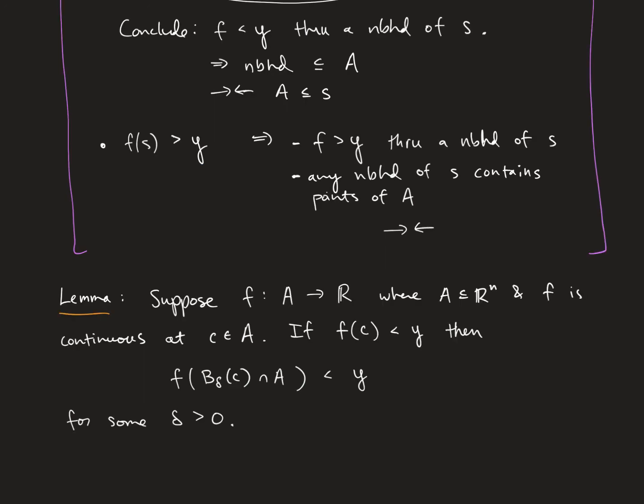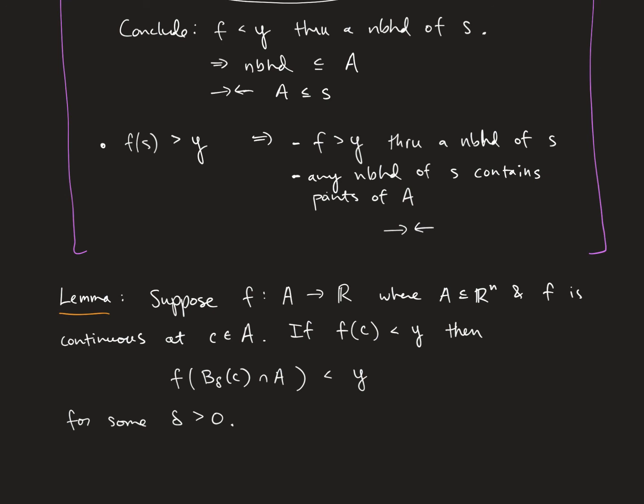Here's the lemma formally stated. If you have a function from some set A in R^n to R, and your function is continuous at a point c in A, suppose that f of c is less than y. Then you can maintain this inequality throughout a neighborhood of c.